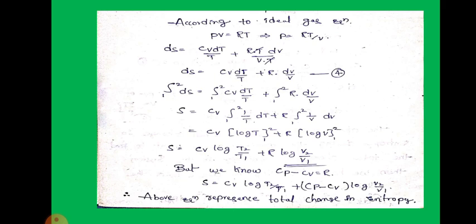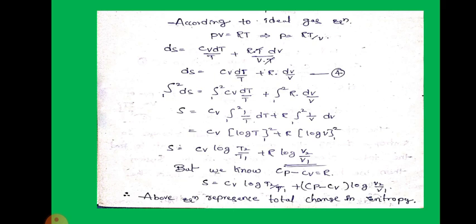So the total entropy change in this process, that is the entire change of entropy in an ideal gas, comes from integrating the above equation between states 1 and 2.